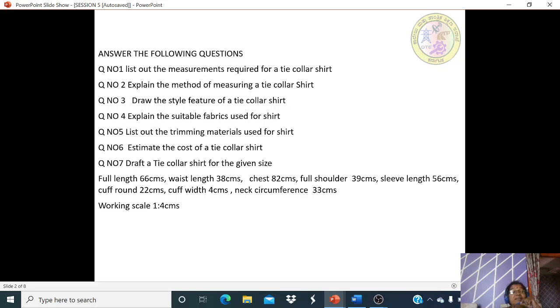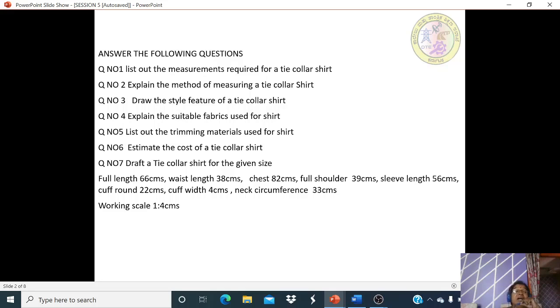Now, question number 3. It is regarding the style feature of a tie collar shirt. Draw the style feature of a tie collar shirt. Color it using appropriate media.